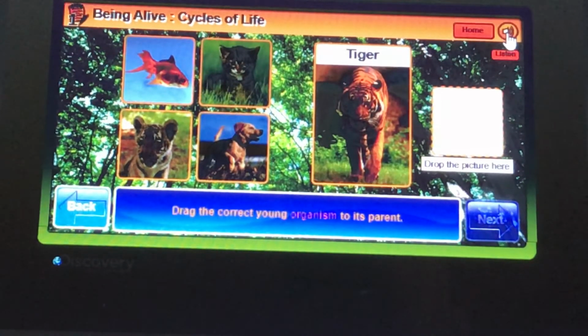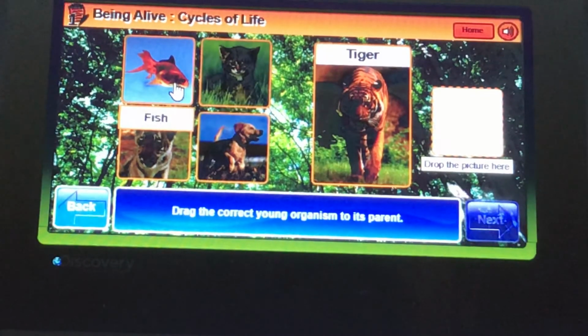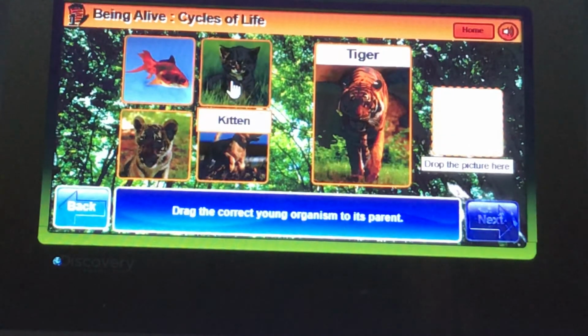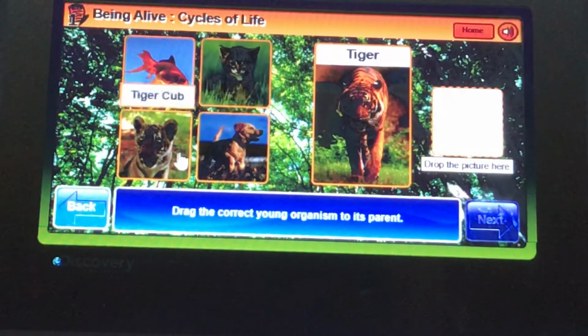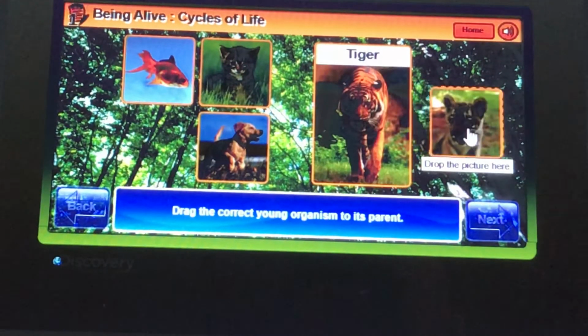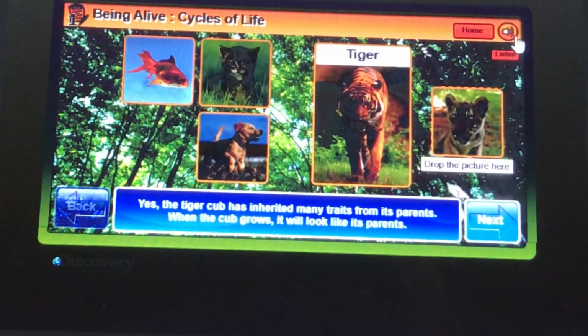Drag the correct young organism to its parent. So that's a tiger. Is that a tiger? No, that's a fish. That's a kitten. That's a puppy. Let's try that one. Yes, the tiger cub has inherited many traits from its parents. When the cub grows, it will look like its parents.